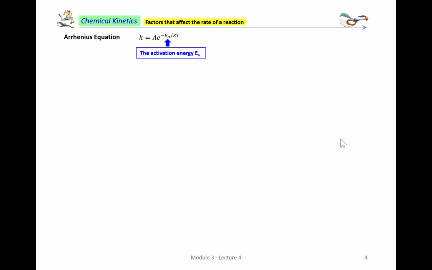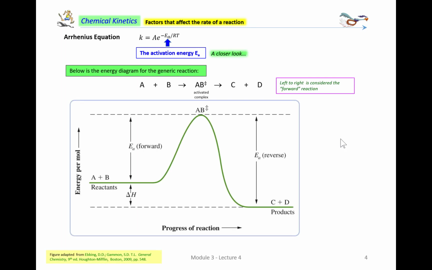Continuing our discussion of activation energy here, we can actually produce an energy diagram of just a generic reaction. Again, we have a reaction of reactants A and B going to products C and D from left to right.